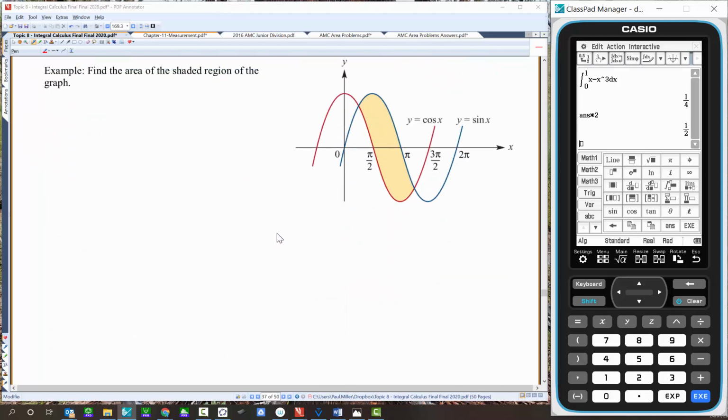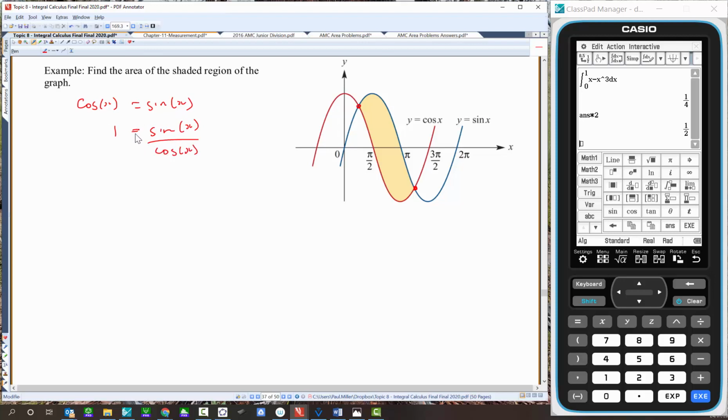Find the area of the shaded region of the graph. Okay, so what we want to do is find out these intersection points here. So we're going to say that the intersection occurs when cosine x is the same as sine x. Now, how are we going to solve that? I'm going to use this property here.